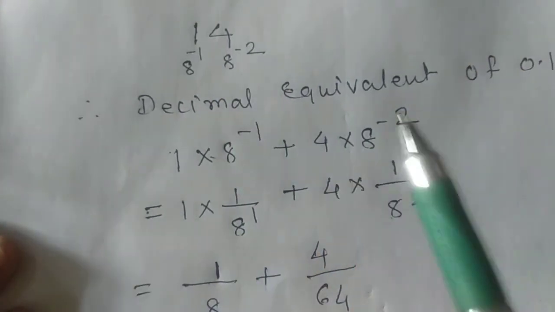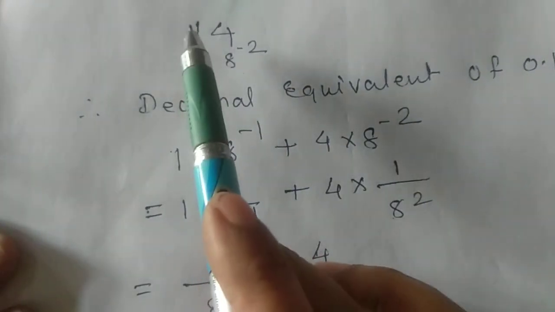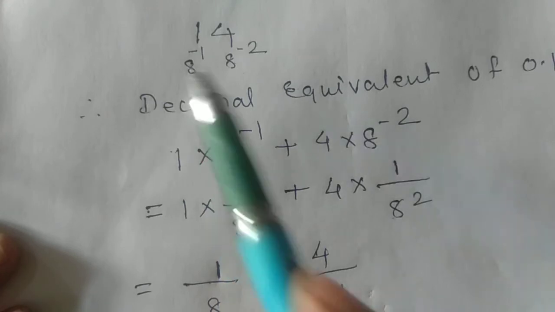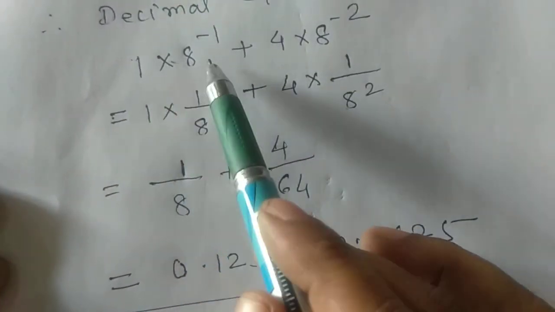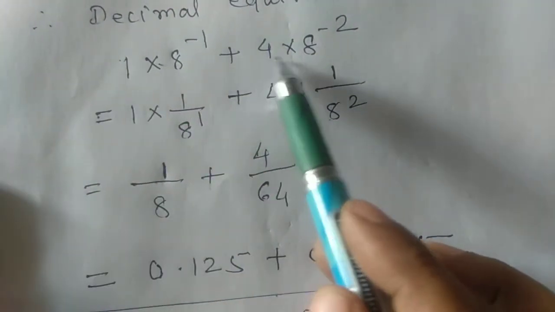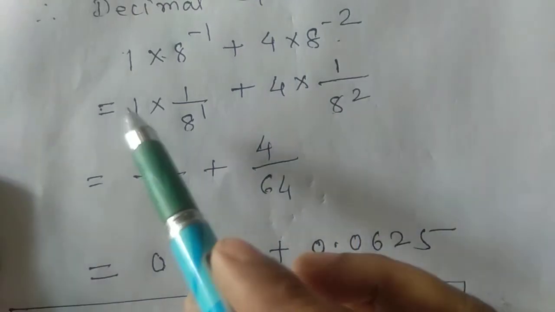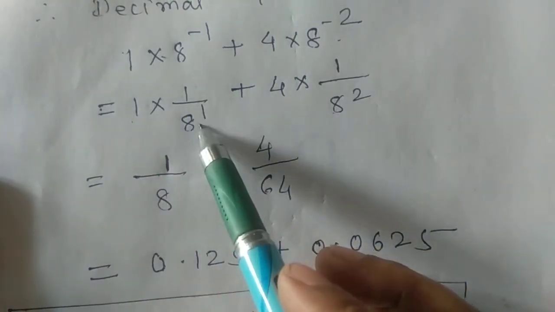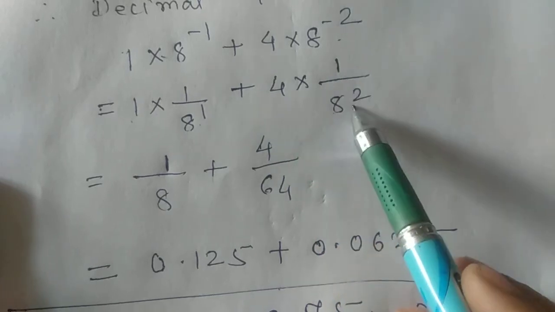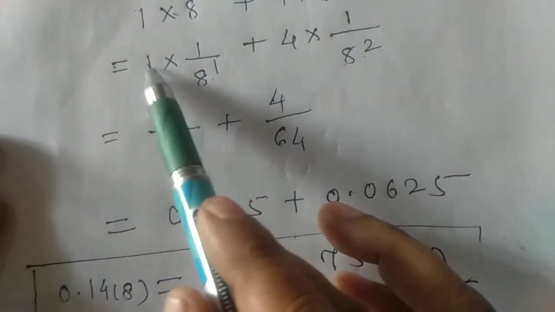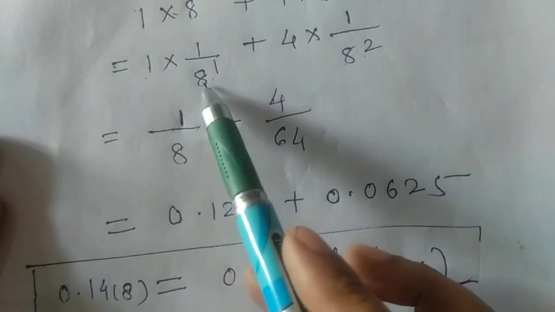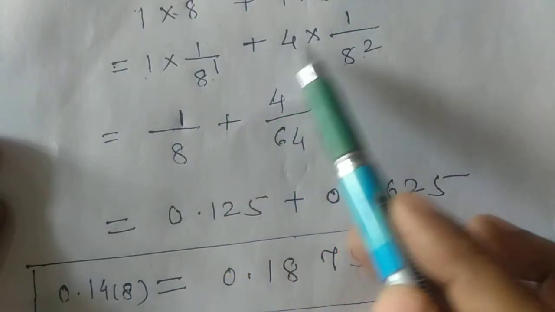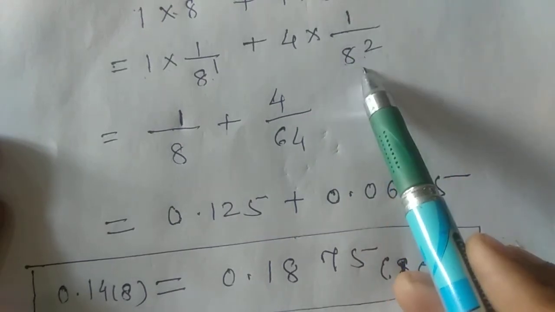Now we will multiply 1 into 8 raised to minus 1 and 4 into 8 raised to minus 2. So 1 into 8 raised to minus 1 plus 4 into 8 raised to minus 2 means 1 into 1 upon 8 raised to 1 plus 4 into 1 upon 8 raised to 2.